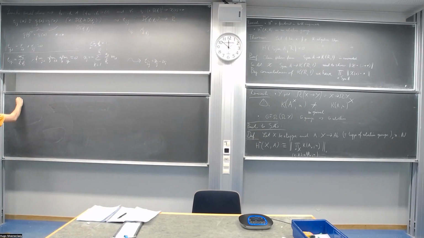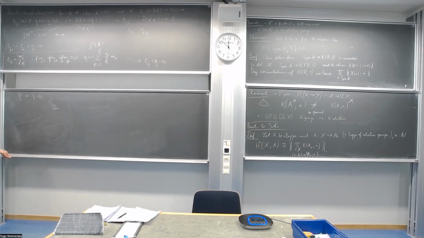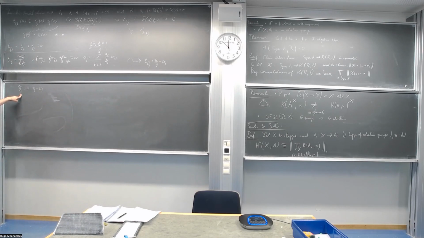So we define S tilde is Si minus ui. And I mean, then now we should be able to calculate that the differences of these ones on intersection are actually 0.